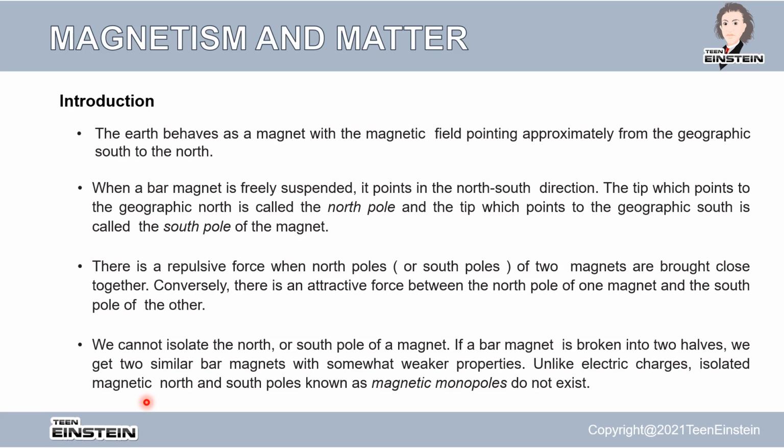So electric charges can be positive or negative, they can be separated. But when it comes to magnetism, you cannot separate a north pole from a south pole. So if a bar magnet is broken into two halves, we get two similar bar magnets with somewhat weaker properties. Unlike electric charges, isolated magnetic north and isolated magnetic south poles, known as magnetic monopoles, do not exist.